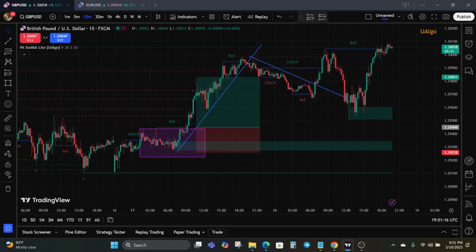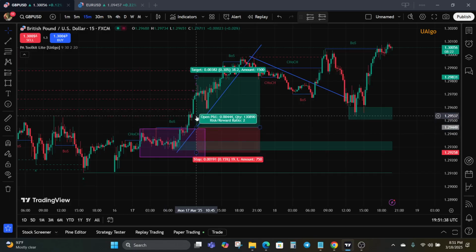So let us just quickly break down how to use the Price Action Toolkit Indicator to analyze market structure. Let's talk a little bit about BOS and CHOCH. Basically, a break of structure happens when price moves beyond a previous high or low, confirming that the trend is continuing.